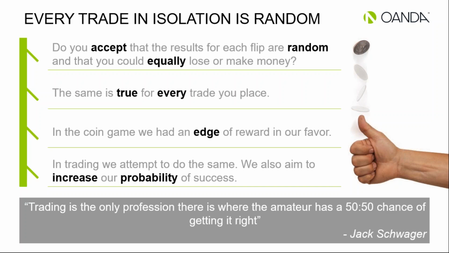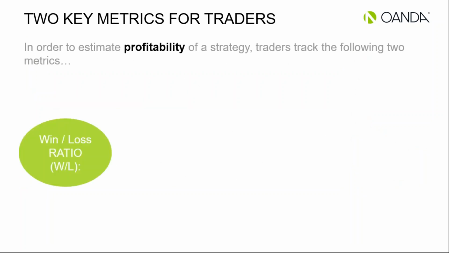Trading is only a profession, as Jack rightly says, where the amateur has a 50-50 chance of getting it right. We've only got two outcomes: it can either be win or lose. But the things within your control are risk-reward and the number of winning and losing trades. Those are the two key metrics.